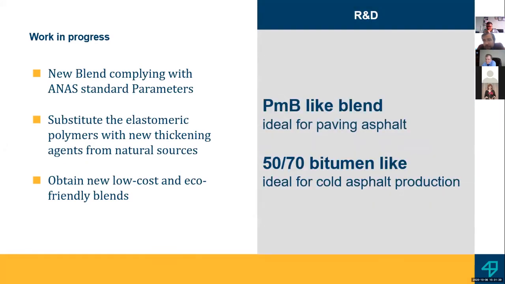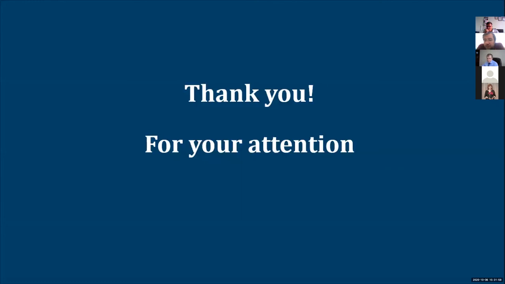And in particular, this is to obtain a blend that mimics the polymer modified bitumen, and a bitumen 50/70 ideal for cold asphalt production. And this for now is a part of my research activity in the PhD, during my PhD research. Thank you for your attention.